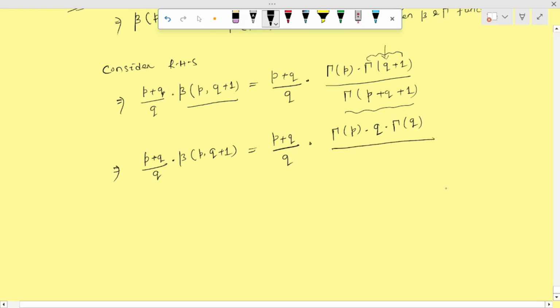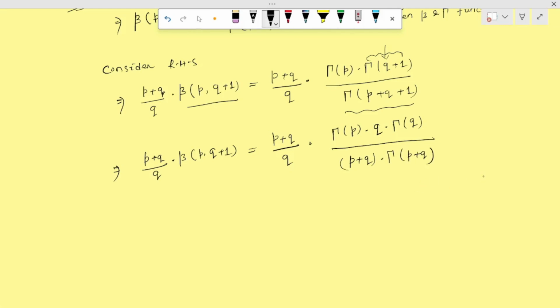No need to write these things, because we know that one. And gamma(p+q+1) can be written as (p+q) into gamma(p+q) by using the first property of gamma function. You can check your note.